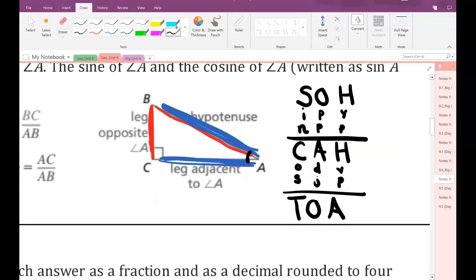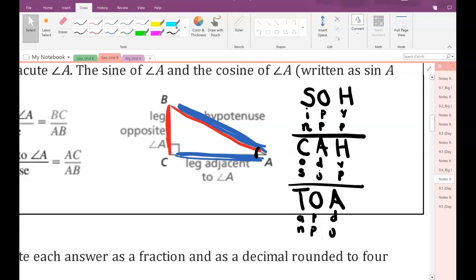And then TOA is tangent, found by taking the opposite over the adjacent. So SOHCAHTOA is at least how I was taught to remember which sides we're using.